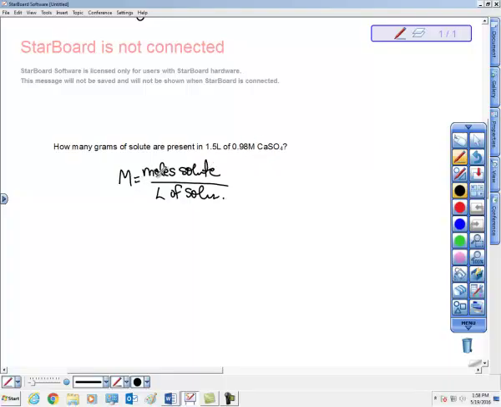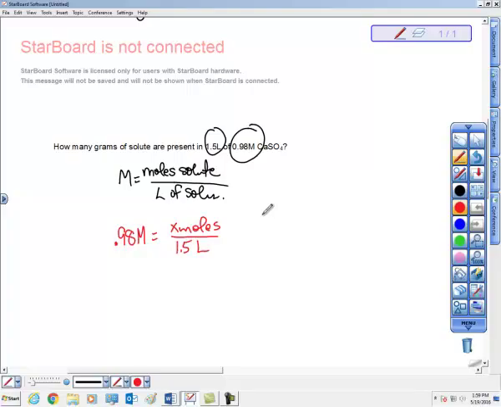Let's see what we've got. Looks like we have the volume and the molarity. So I'm going to go like this: 0.98 molar is equal to an X number of moles divided by 1.5 liters.